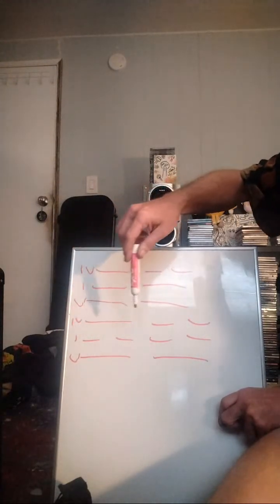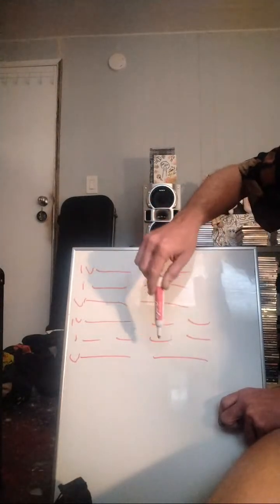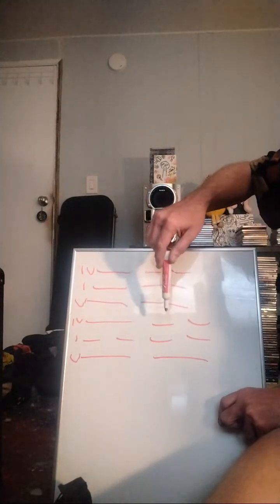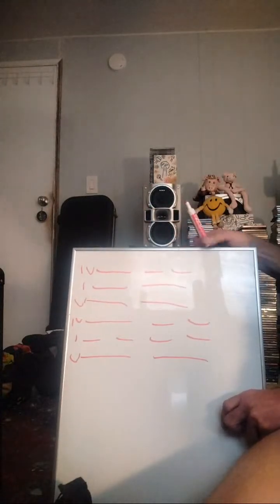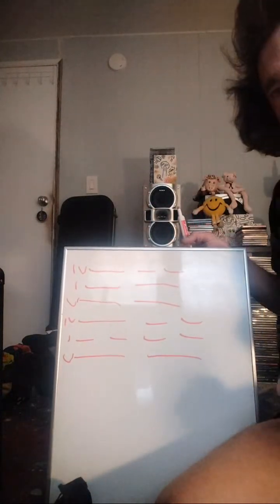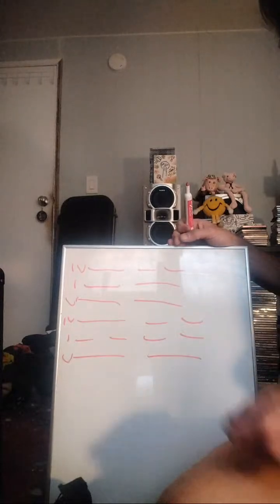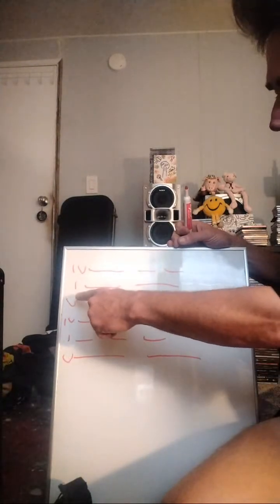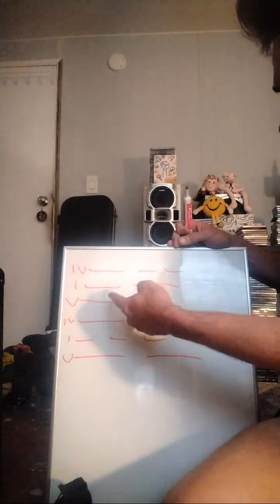That's the melodic minor scale. And then once again 5 is major, and 1 and 4 are both minor. That's the harmonic minor scale. That's all the possibilities with the 5 chord being major or yang.